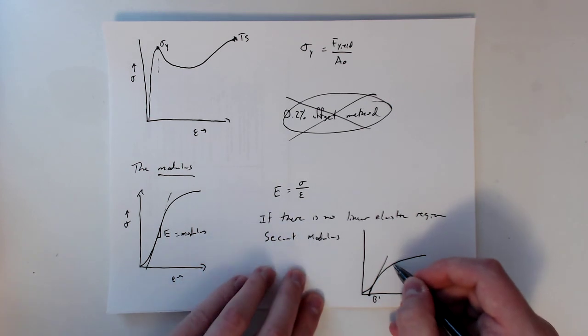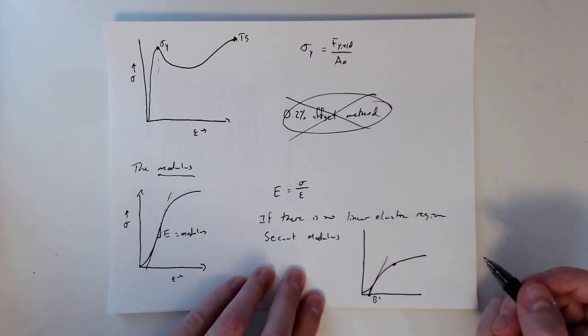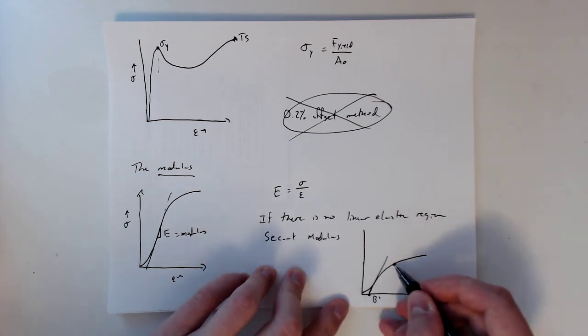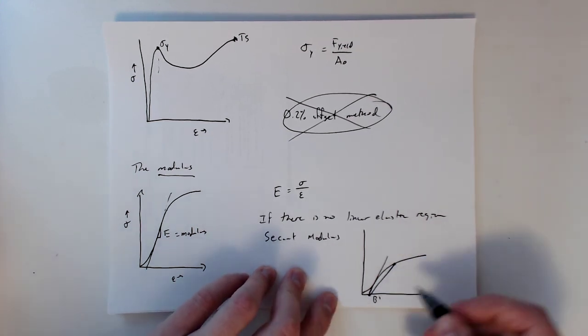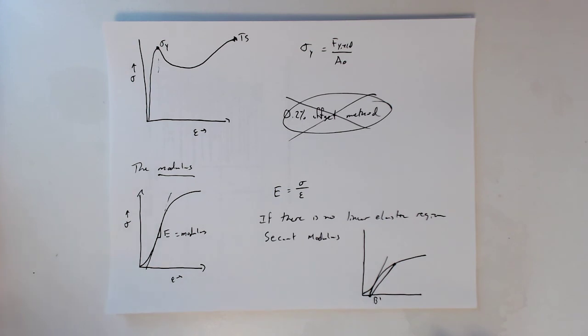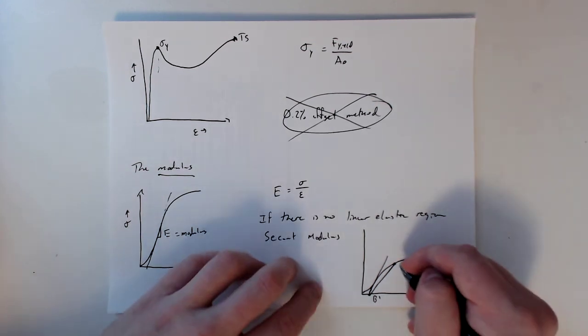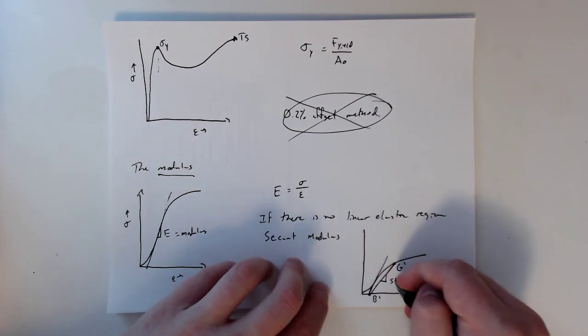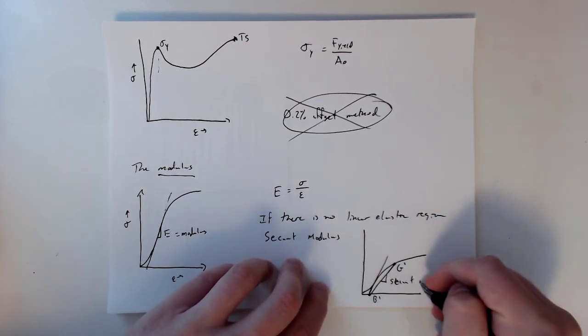So we basically pick an arbitrary point on the plot, but we make sure it's a uniform value here, and we fit the line between that B prime and that curve. So essentially that arbitrary point that you pick here, I call it G prime, that's got to be uniform across all your samples. But then we would effectively find the slope here, and this is the secant modulus.